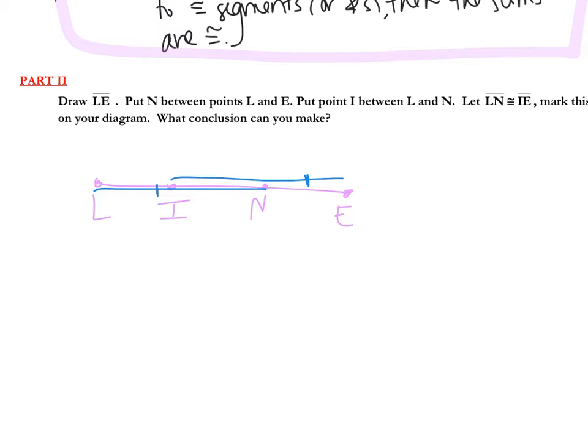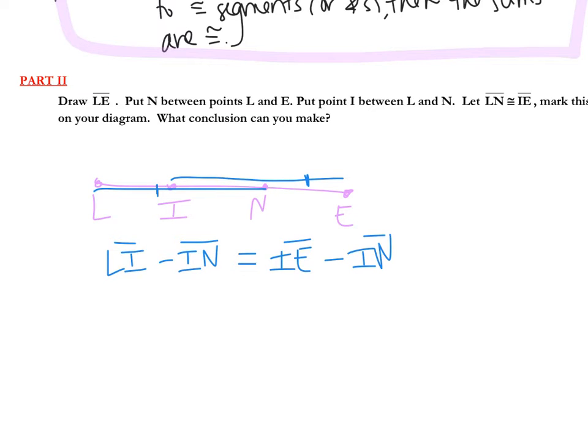Well, if we take LI and subtract IN from it and do the same thing over here, take IE and subtract IN, you're going to get congruent parts.